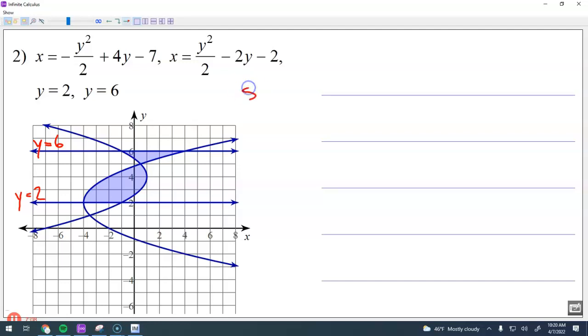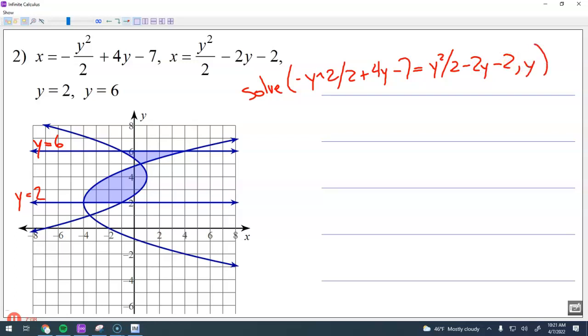So you're going to have to go to your calculator and say solve negative y squared divided by 2 plus 4y minus 7 equals y squared divided by 2 minus 2y minus 2 comma y. That's going to tell you where they intersect, which I believe it should tell you 2, 5, and 6. This is 5, right? It has to be.